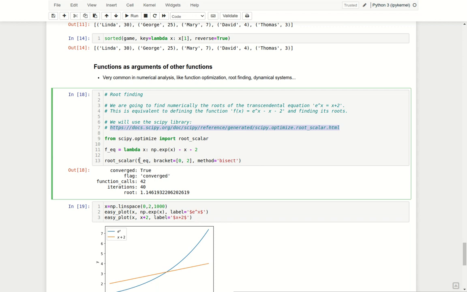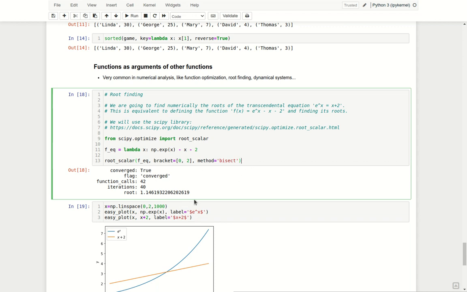The first element is always the function that we want to find the roots of, and we are going to use an optional argument, which is a bracket, the interval where we are going to look for these roots. And the method that we are going to use is the bisect method, which is the bisection method.